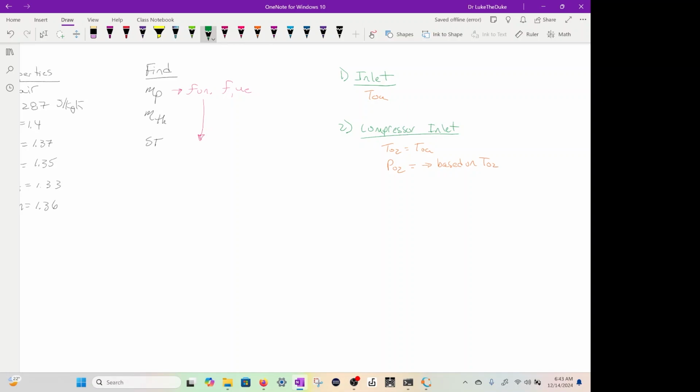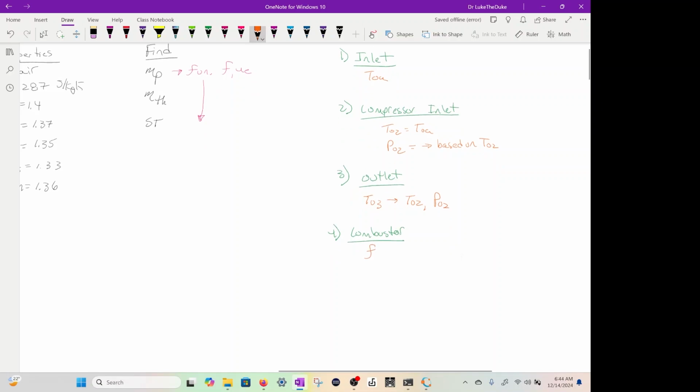At 3, at the outlet of the compressor, we're going to find T naught 3, which is based on T naught 2 and P naught 2. All right, what about 4? The combustor. Well, that's where we're going to find f.